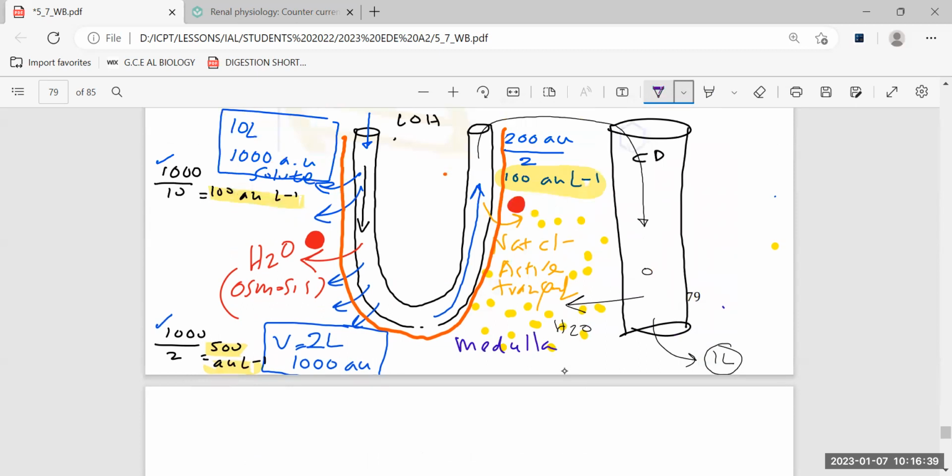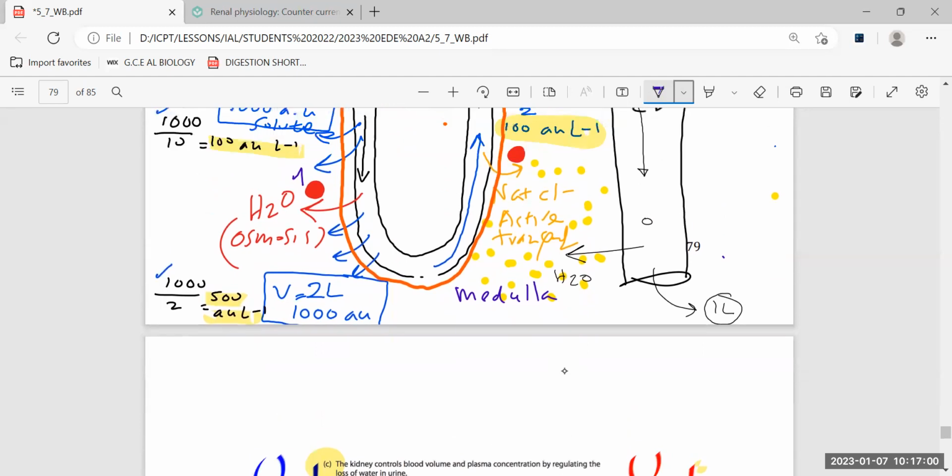So we can write one point. I don't count it as a point to get 1 mark, but just write: water is moving out from the descending limb by osmosis. Water leaving out, I think it's important, right? From the descending limb by osmosis.